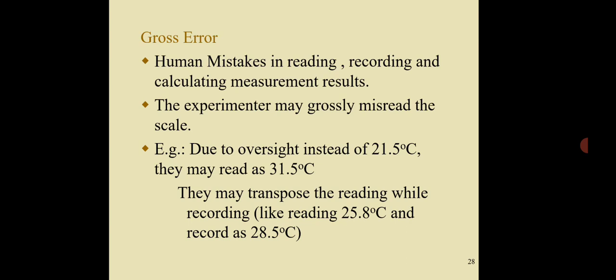The experimenter may grossly misread the scale. Due to scale deflections or something like that, you may misread the scale. For example, due to oversight, instead of 21.5 degrees centigrade, they may read it as 31.5 degrees centigrade.